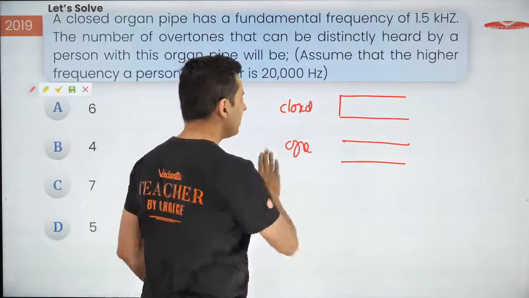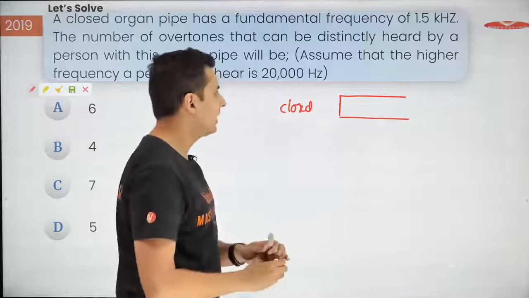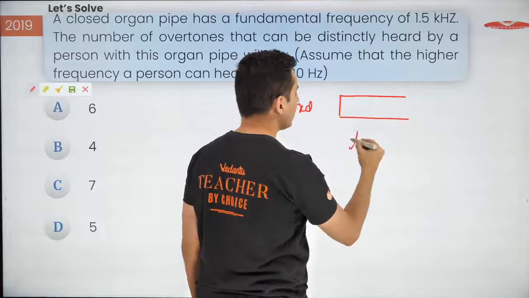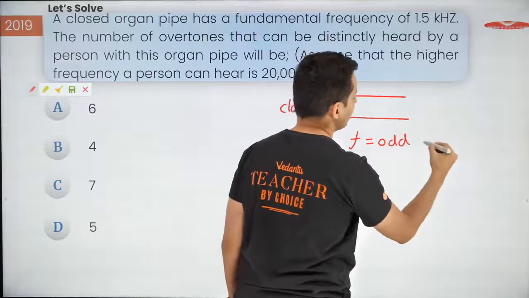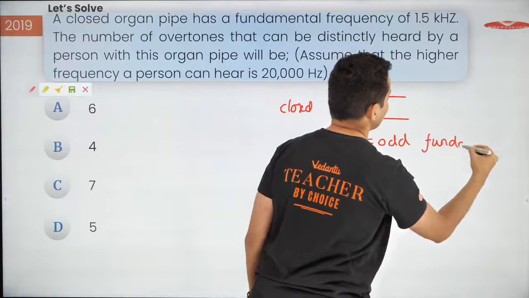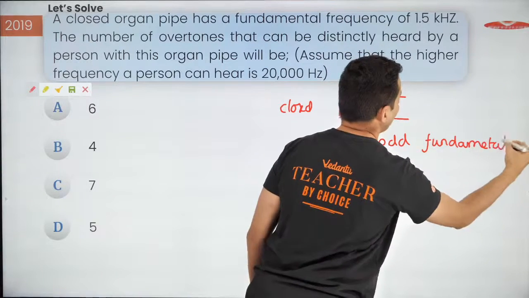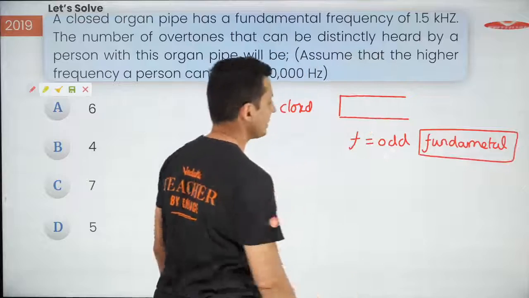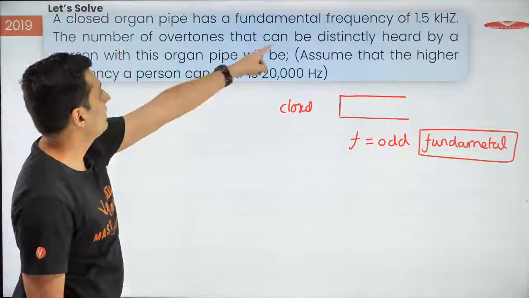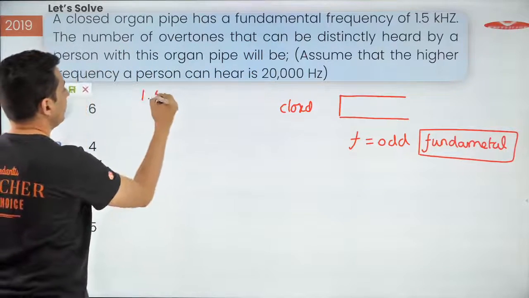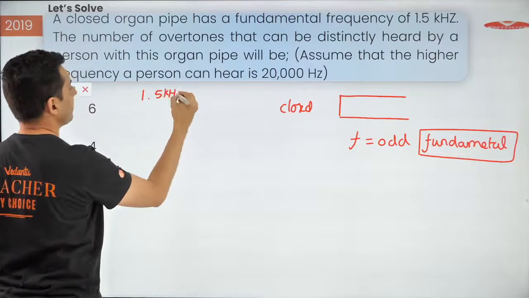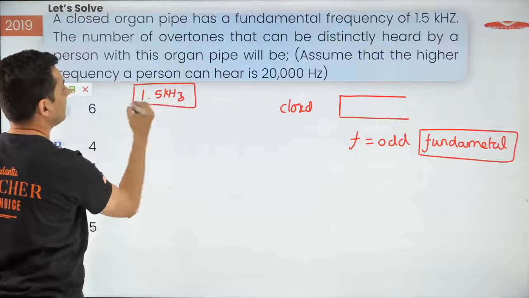Keep this in mind. Now when there is a pipe which is closed at one end, what frequencies will you get? The frequencies will always be odd multiples of the fundamental frequency. Now think about it. What is the fundamental frequency? It is 1.5 kilohertz. Right? This is the fundamental frequency.